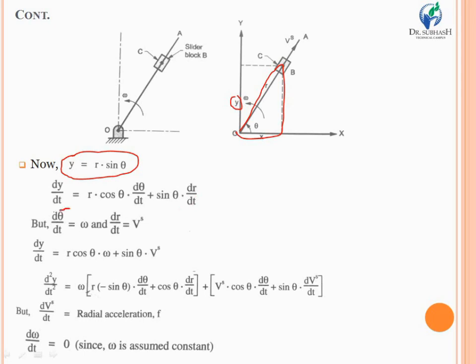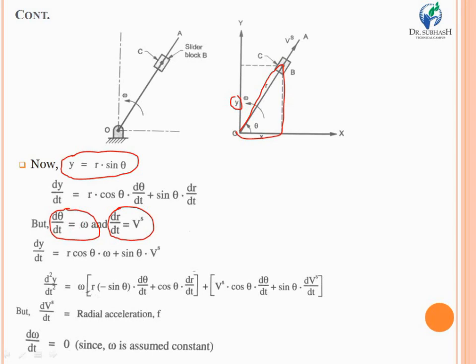But we know that d theta upon dt is equal to omega, the rate of change of angular displacement with respect to time, that is the angular velocity. And the change of radius with respect to time, or displacement with respect to time, is the sliding velocity.